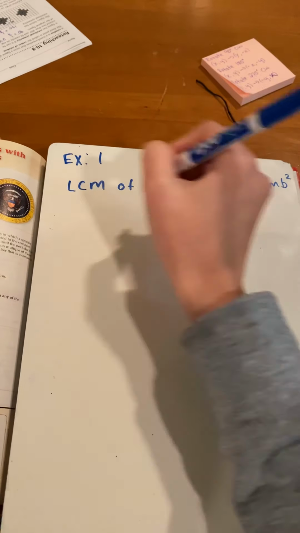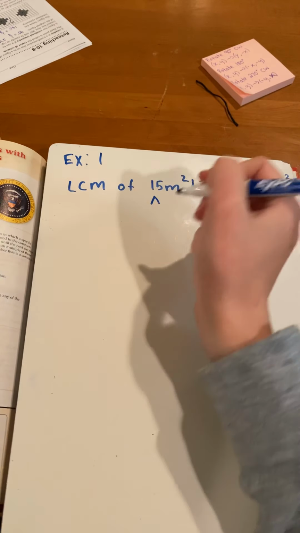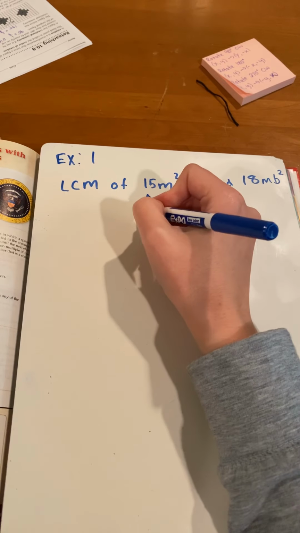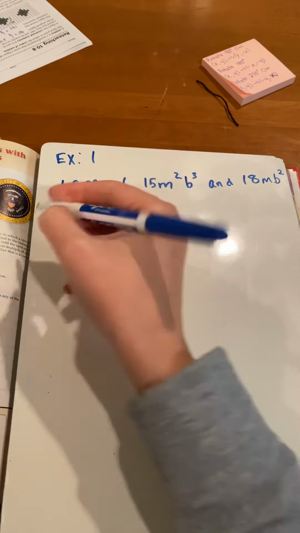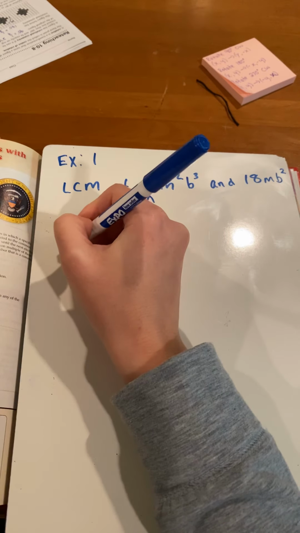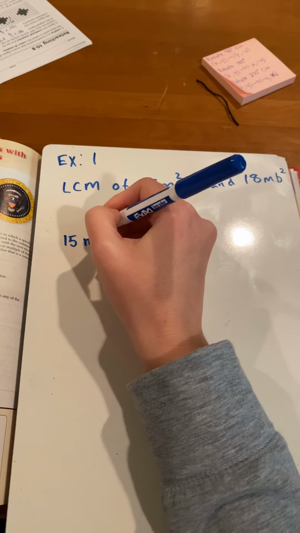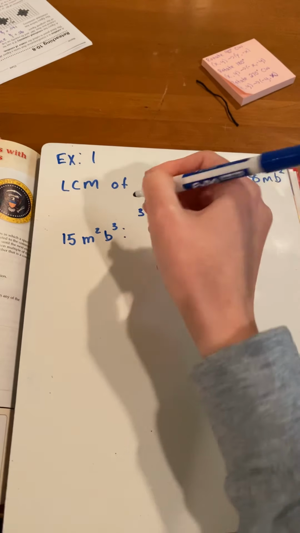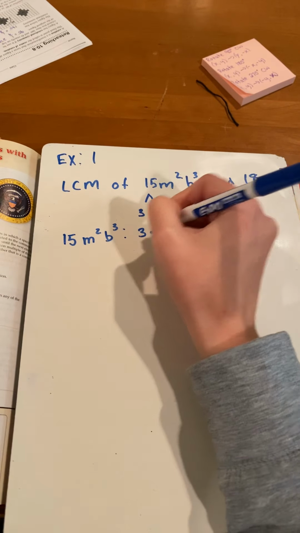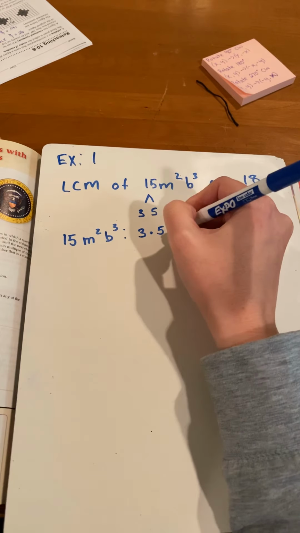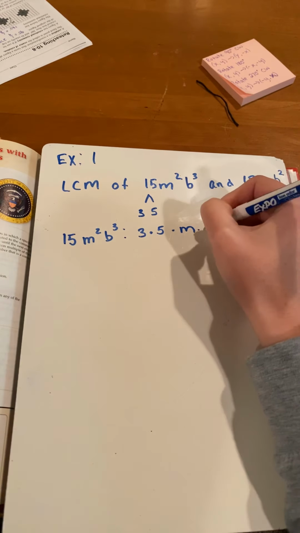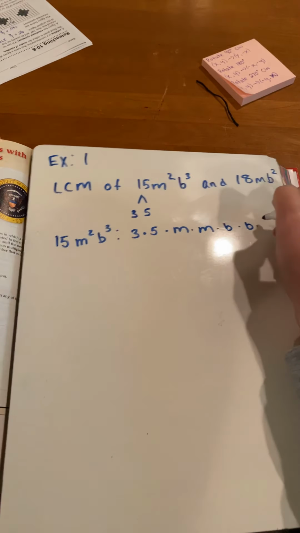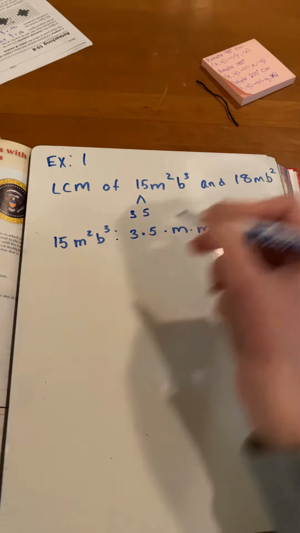So let's work through this. Let's look at 15 m squared b cubed. 15 is broken down to 3 and 5. So now we're going to write it actually here. So 15 m squared b cubed is 3 times 5 times m times m times b times b times b.